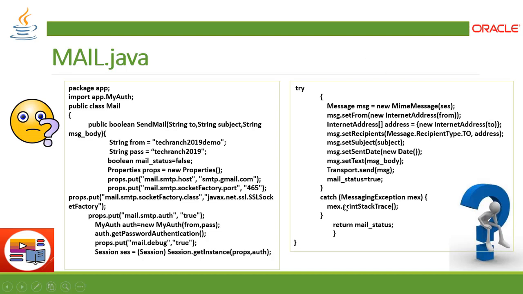All you need to do is call it. Once it is done, mail status is true, and we have to make sure we write this piece of code in a try-catch block to maintain the efficiency of your coding. Once it is done, mail status will be true or false accordingly.